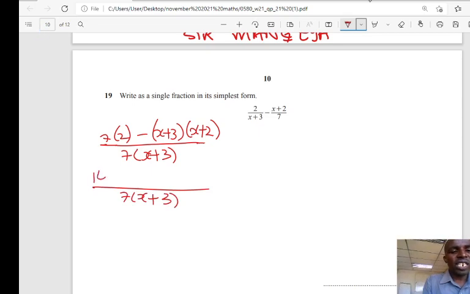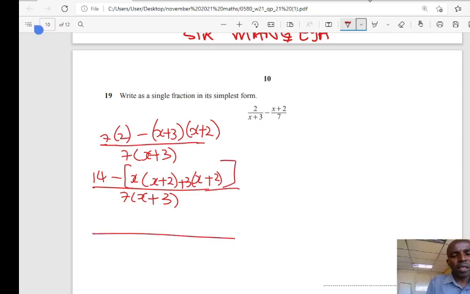It will be 14 here minus. Then you put this bracket. You first remove this bracket: x plus 2 times x plus 3. The way you remove brackets is the same. Then 7 times x plus 3. These big brackets, the square ones, I put them.